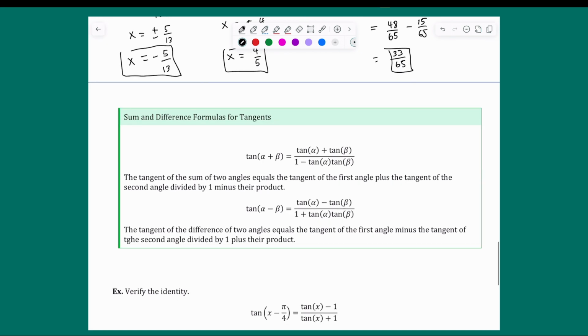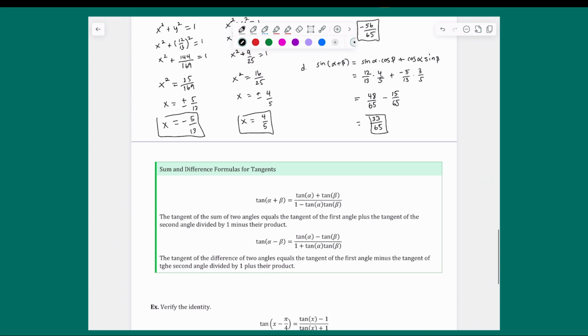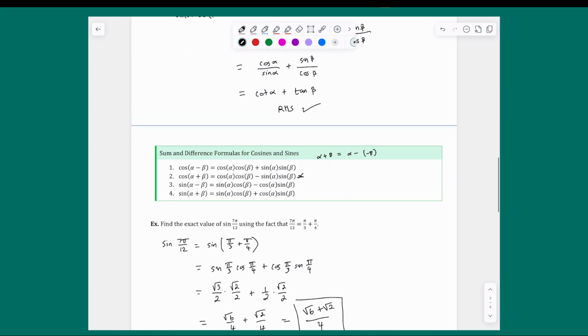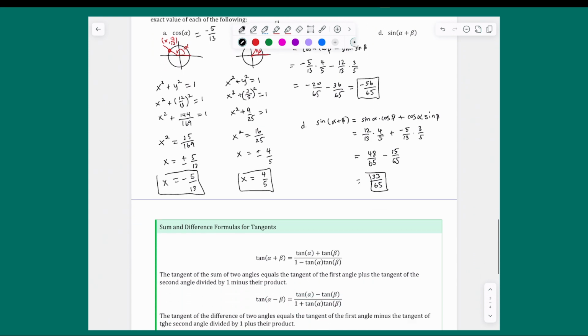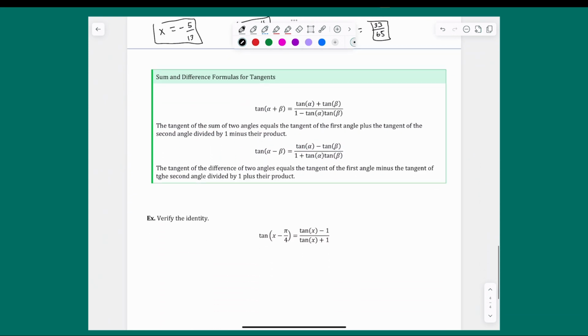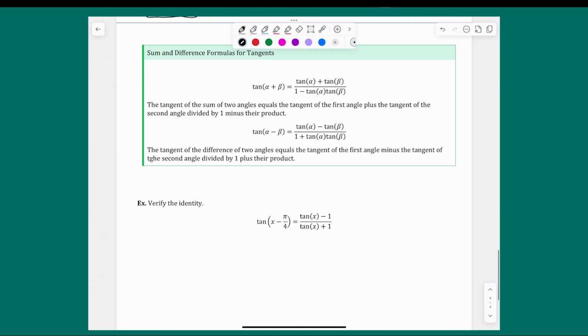All right, not sure if it's essential to memorize these formulas, because if you knew the formulas for cosine and sine, we know tangent is just sine over cosine, so you kind of have a formula already for it. But in any case, we're going to use these formulas to verify the identity here.